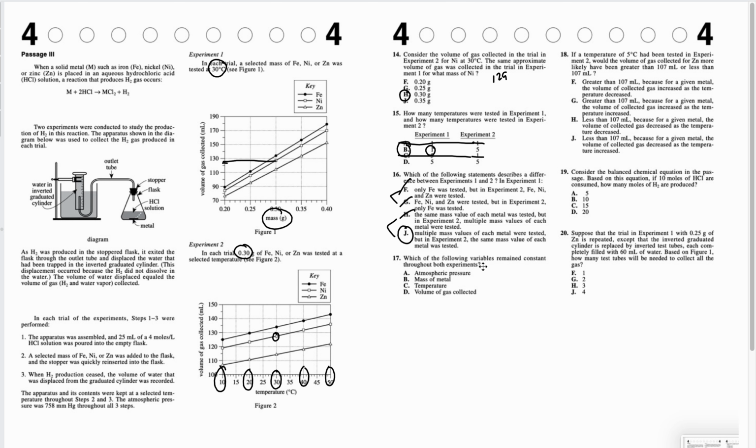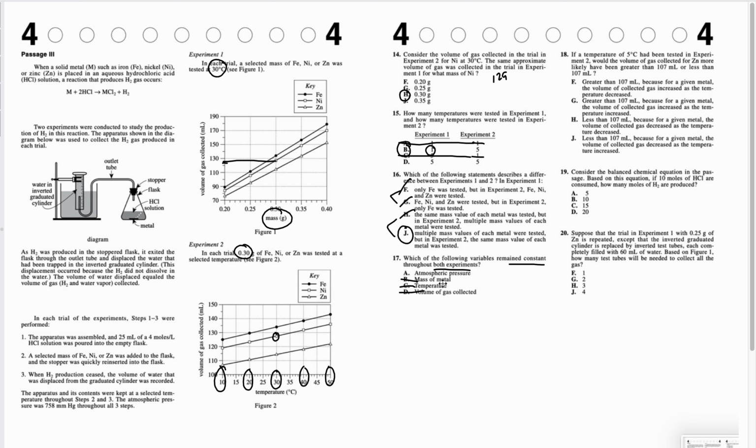Question 17, which of the following variables remain constant throughout both experiments? If we look at our charts, temperature did not remain constant because we are changing those. So temperature is gone, so C is gone. Mass of the metal, well again, we have on the x-axis, the mass was changing in experiment 1. On the y-axis, we have the volume, so that's going to be changing, so that's not going to stay constant.